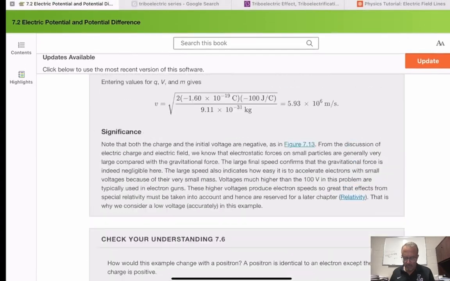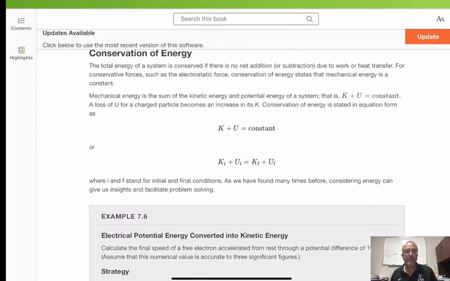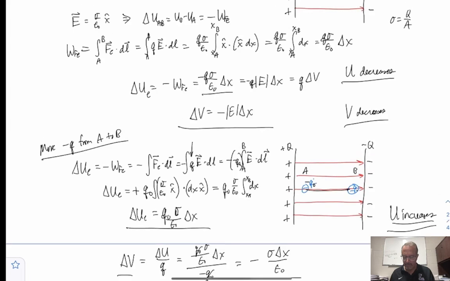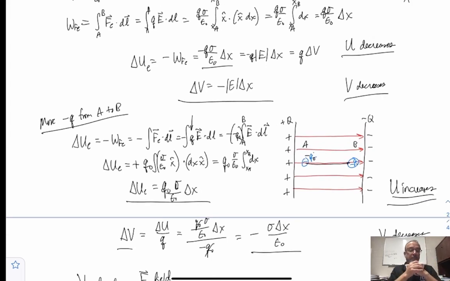Let's see, there was one more thing I saw up here. Oh, energy. So we've been talking about the potential energy in these situations. If you can talk about potential energy, we can talk about kinetic energy, right?